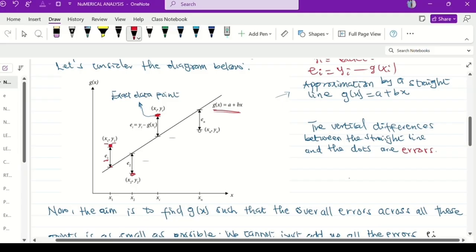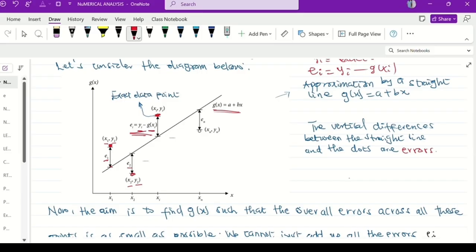When i is 2, you have (x2, y2), and our error is e2, up to ei, where we have our point (xi, yi). So we can see here that the error, that is the vertical distance here, is the exact data value minus the approximate data value.